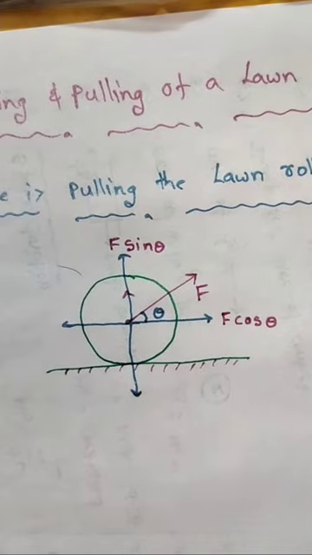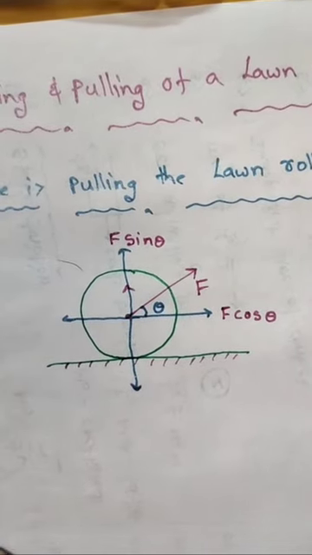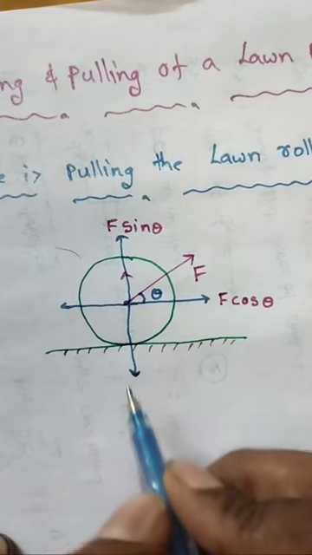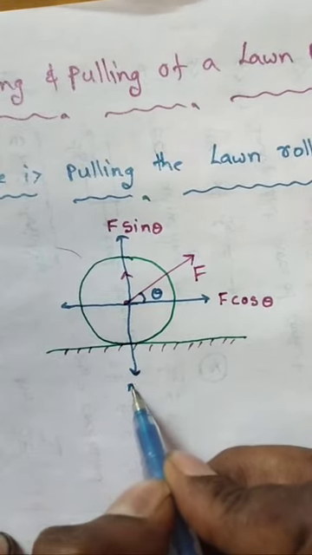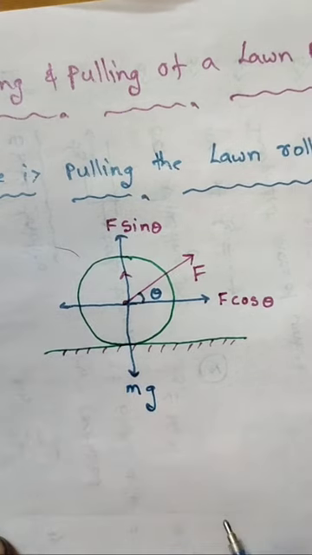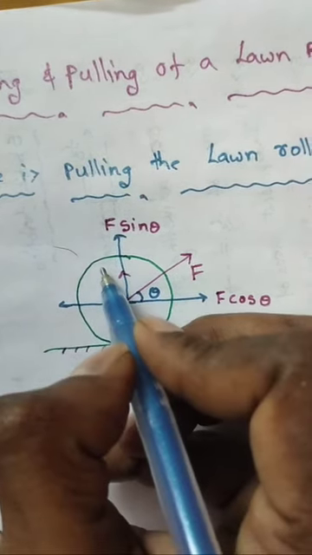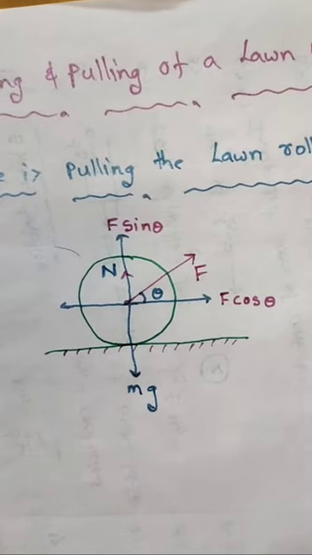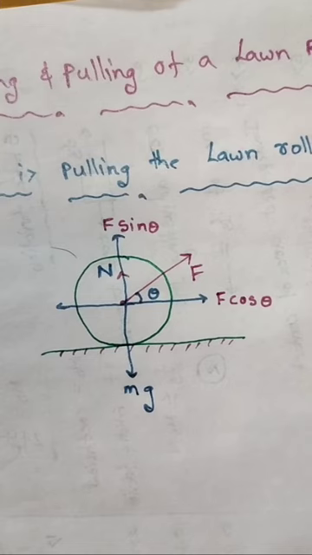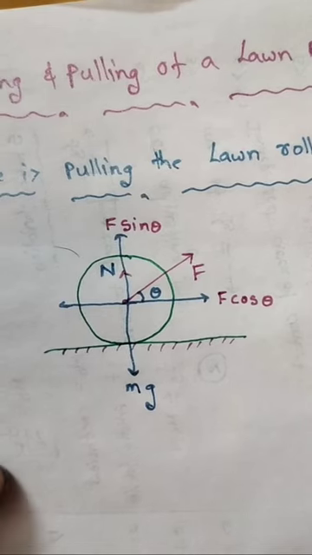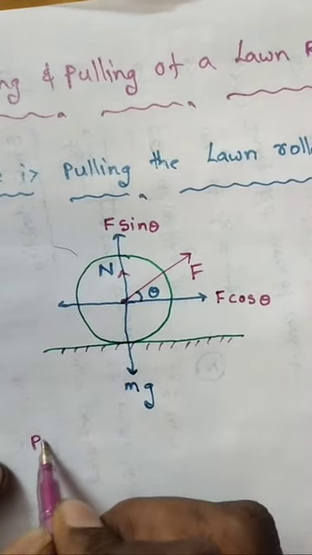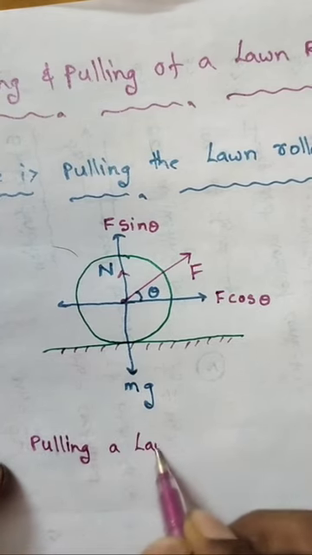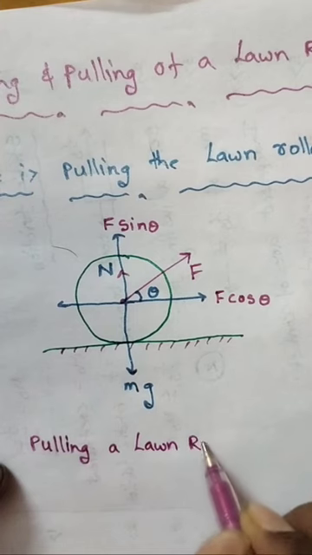In the general case, two other forces are acting. The lawn roller has mass M, so mg is acting in the downward direction, and the normal reaction force capital N is acting in the upward direction. This is the pulling a lawn roller diagram.